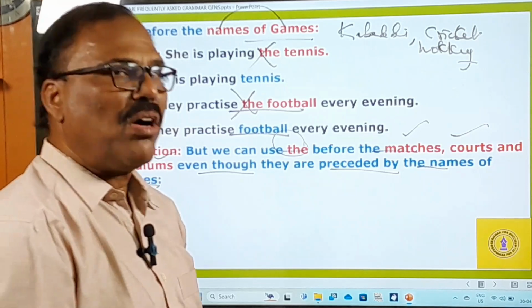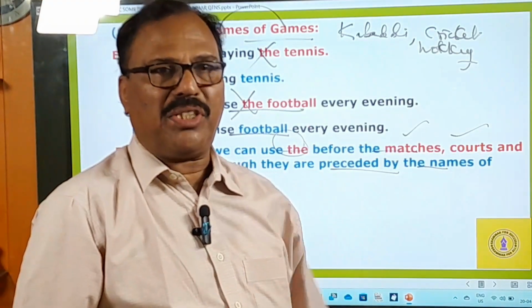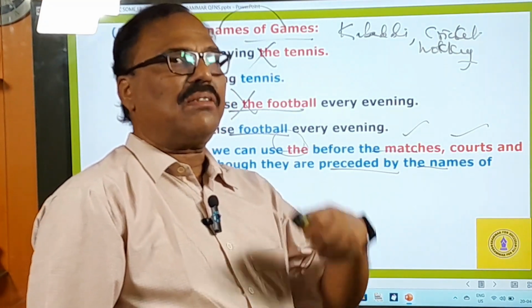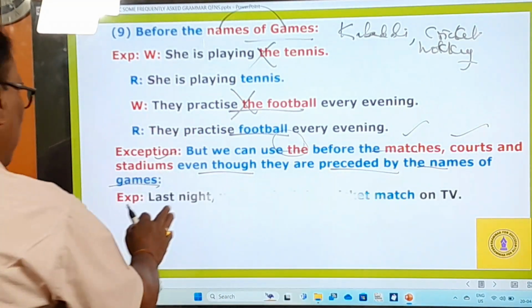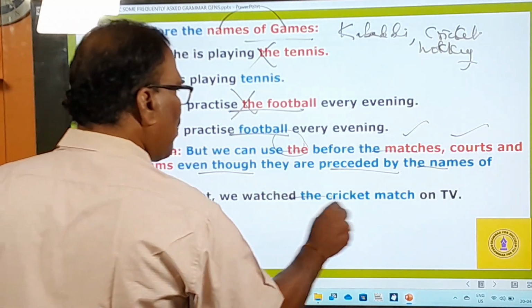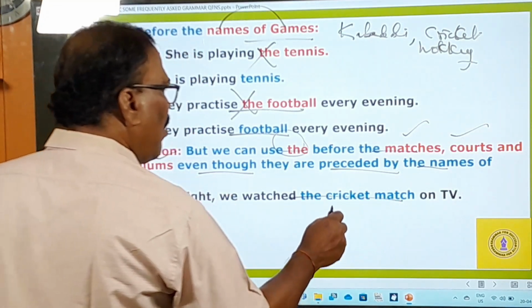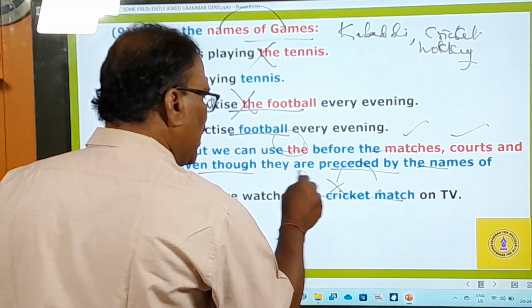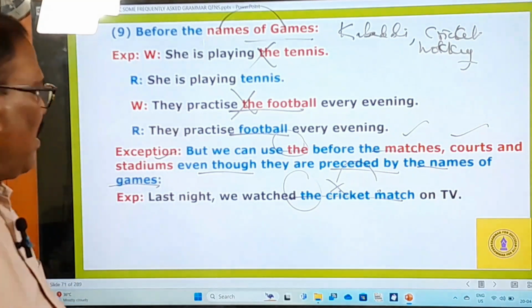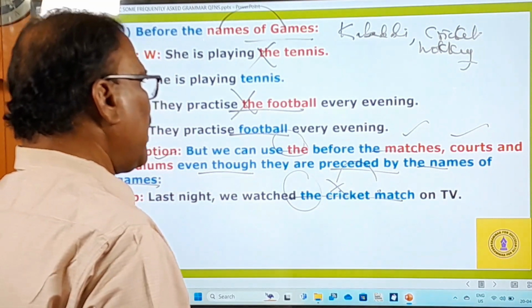What are you doing? I'm watching the hockey match on TV. I'm watching the cricket match on TV. So you can use them. Last night we watched the cricket match. Here you are not talking simply about the name of the game, but about this match. That's why you are using the definite article. So last night we watched the cricket match on TV.